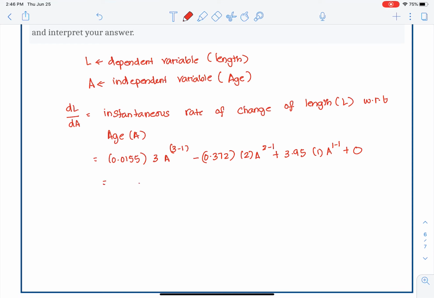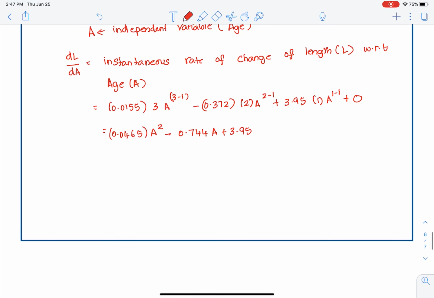So we have three times that, which would be 0.0465 A squared, and minus 0.744 A plus 3.95 A raised 0, which is simply 1.